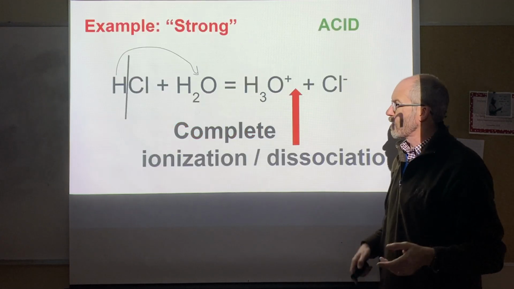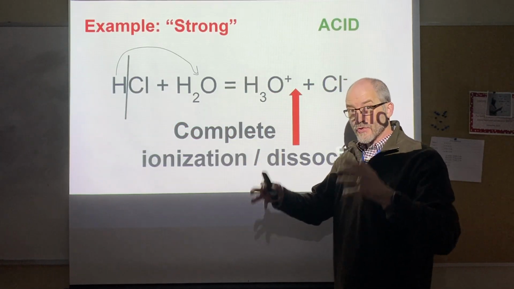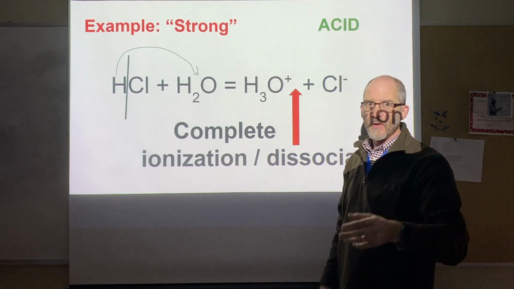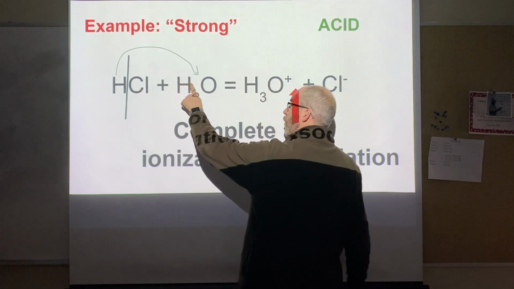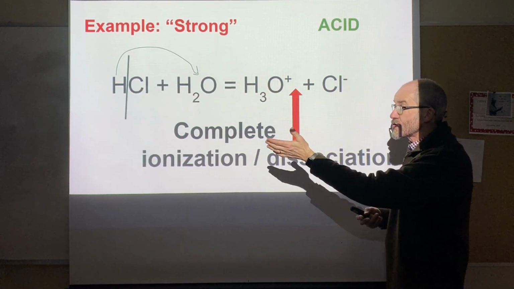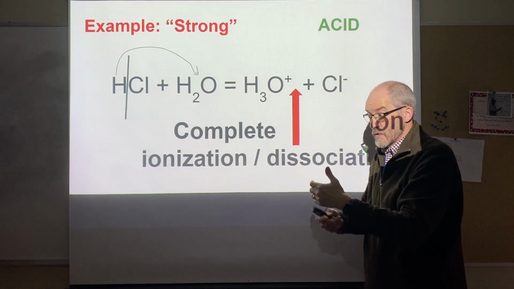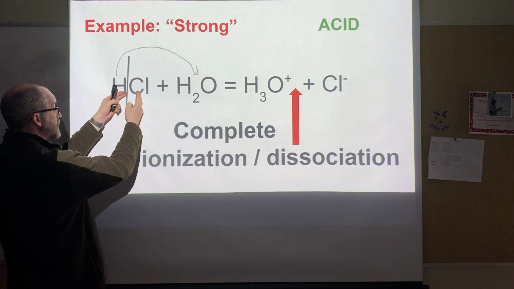Let's be more concrete. If you create aqueous hydrochloric acid, and almost everybody's heard of hydrochloric acid, you would take HCl and put it in water, and what happens? Well, it turns out that HCl in water pretty much ionizes completely. So it means this comes apart.